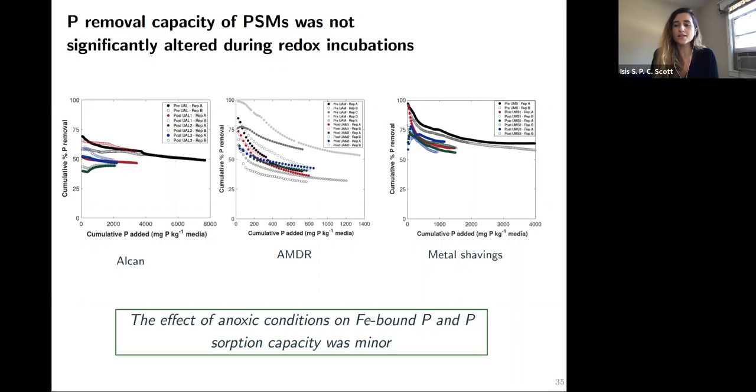We did not find any significant alteration on their behavior, on their phosphorus removal capacity. And overall, we can say that the effect of the anoxic conditions on iron-bound phosphorus and on phosphorus removal capacity was minor, which in practical terms means that, okay, we can use iron-rich PSMs in phosphorus removal structures with a bottom-up type of flow.